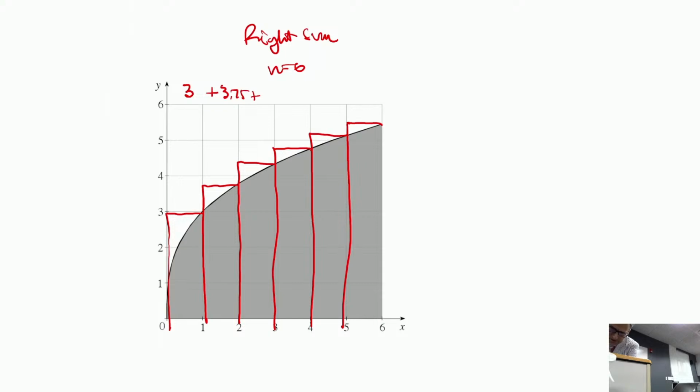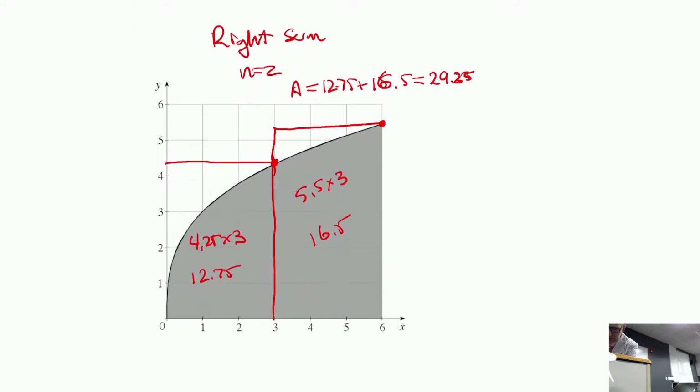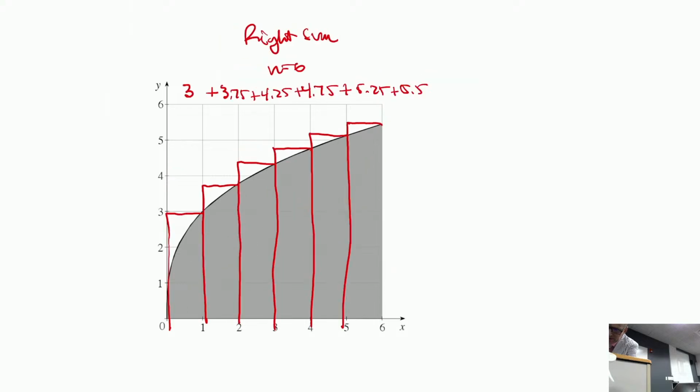Let's see, was it 4.25 that we used before? 4.75, 5.25, and 5.5. Wow, so much to add up, but since I've added this stuff up already, it's just going to equal 21 plus 5.5, so it's 26.5. That's my sum.